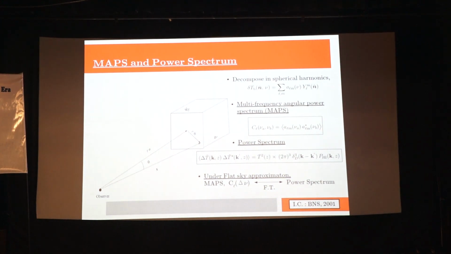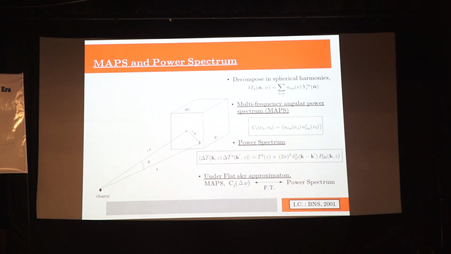Now, the brightness temperature fluctuations within this volume can be decomposed in terms of spherical harmonics like this. Then the multi-frequency angular power spectrum for the brightness temperature fluctuations at two different frequencies can be defined by the correlation of these ALM coefficients at two different frequencies and by taking an ensemble average over different statistically independent realizations.